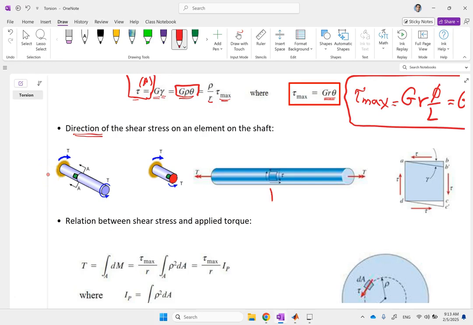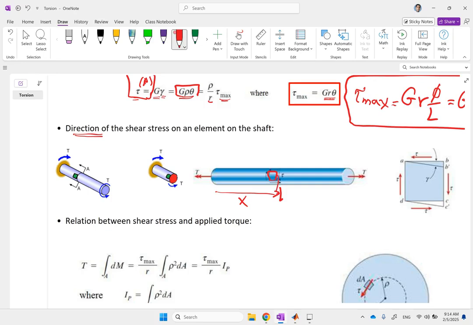So at this location x, they show you this element and say, show me the direction of the shear stress on this element. Which direction is that? Well, in order to determine that, first, you're going to cut this shaft right at the location. Now, it could be at the left end or on the right end of it. So in this picture, it is cut on the right end. So you come here and you cut this element.